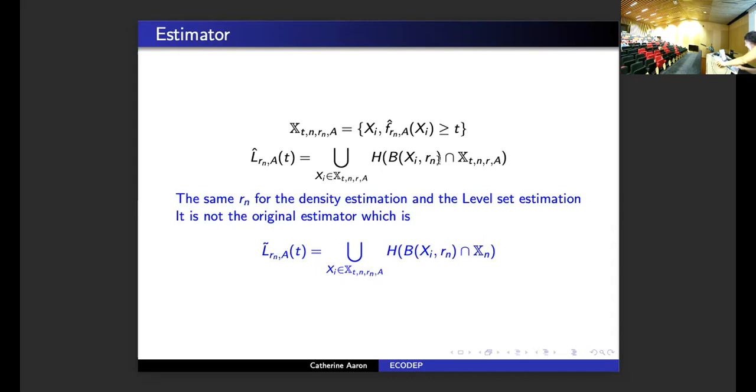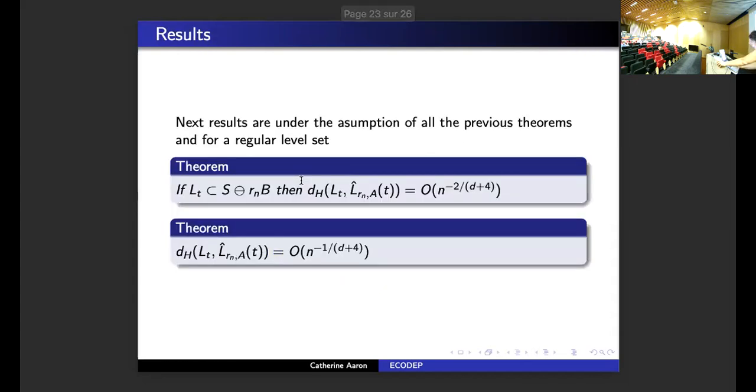Here we have something which is included in that and which is more precise. We have exactly the same kind of convergence rate as for the density. If I have a regular level set, we have a convergence rate of this order.